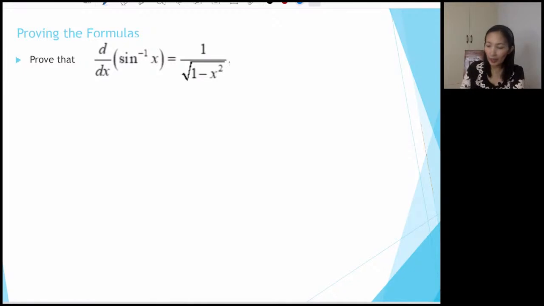So let y, the function, be arc sine of x, which means that sine of y must be equal to x.